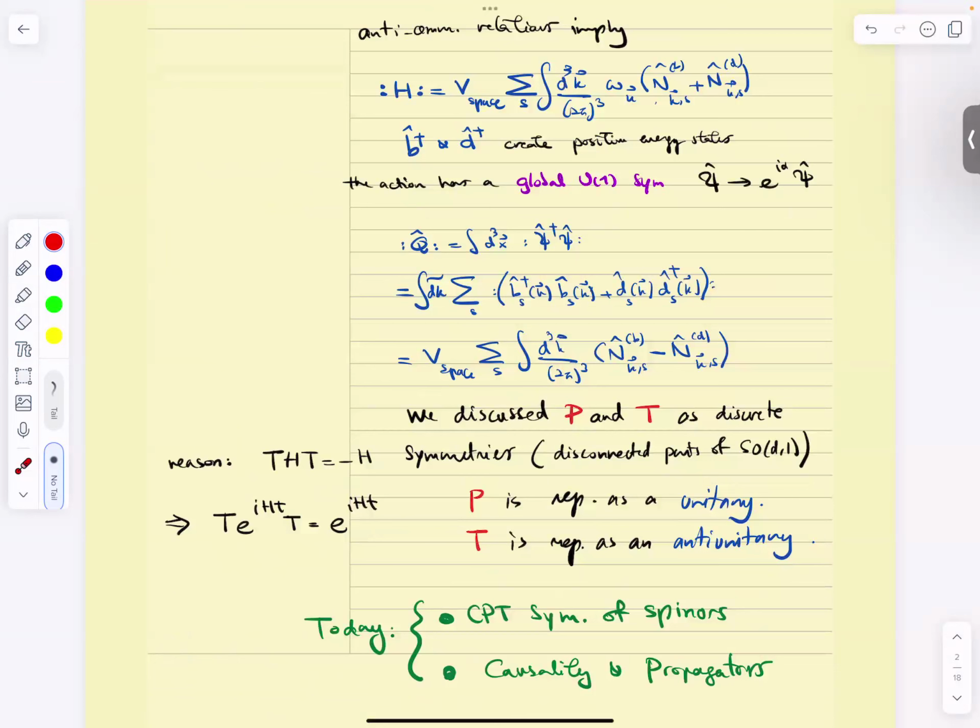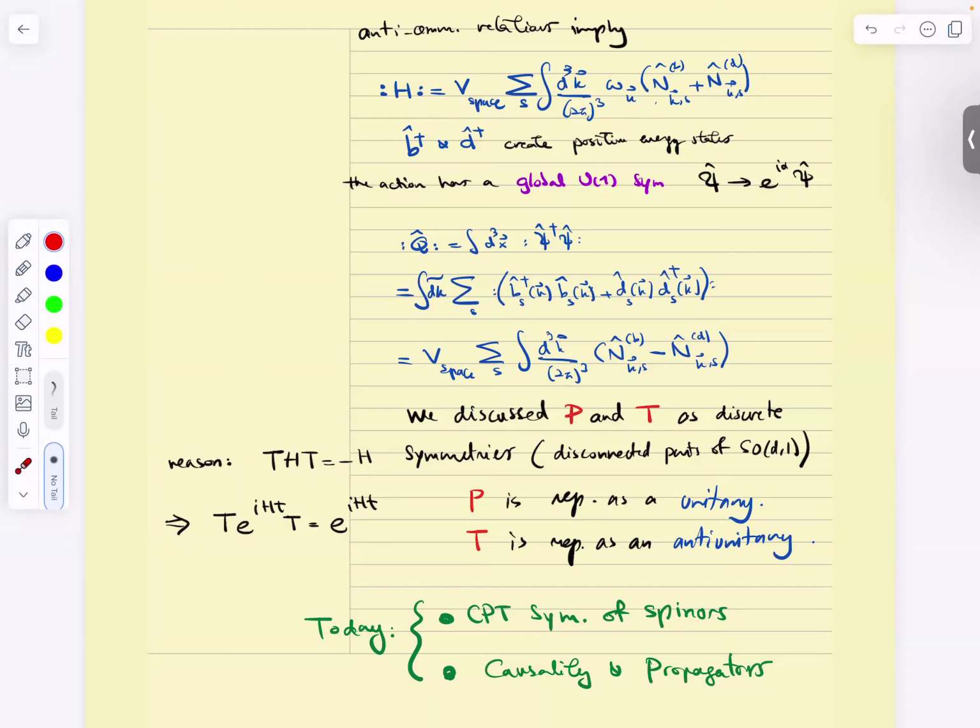All right. So using these anti-commuting creation annihilation operators, we wrote down what the Hamiltonian was. The Hamiltonian had an IR divergence, scaling like the volume of space, and that comes from the anti-commutator of b_s(k) dagger and b_s(k).